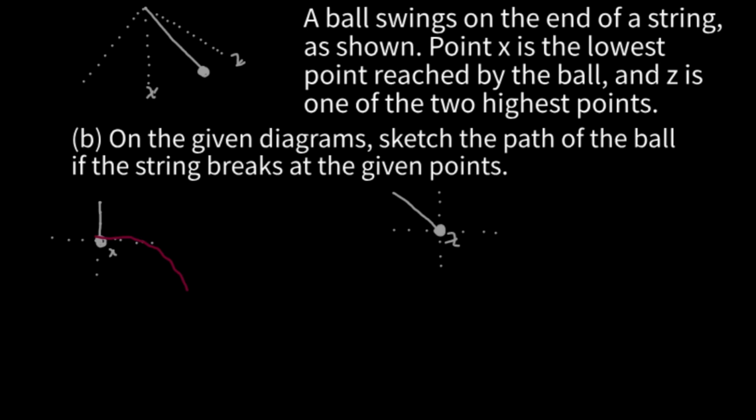Now at point Z, the ball is at its maximum height. And we know its velocity is 0 and its acceleration is straight downwards. Therefore, if the string were to break at point Z, the ball will simply fall straight downwards.